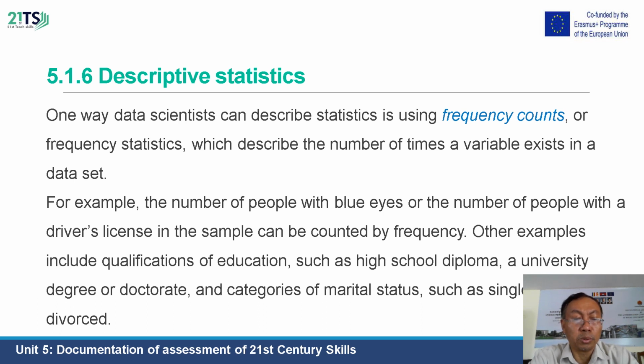Other examples include qualification of education, such as a high school diploma, a university degree or doctorate, and category of marital status, such as single, married, or divorced.